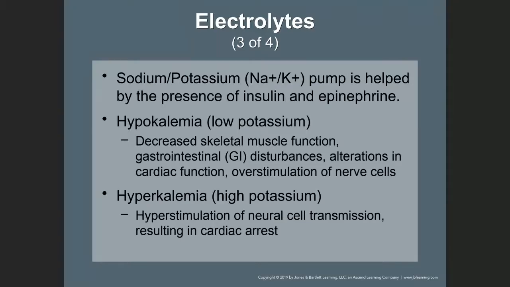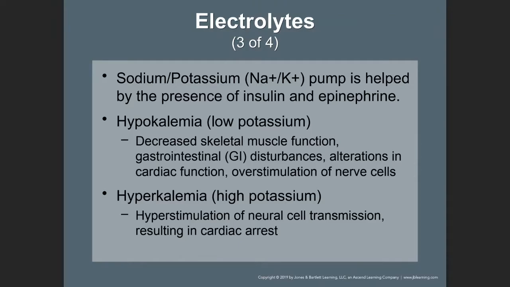Hypokalemia is low potassium, and when there are low potassium levels in the blood, it will cause a decrease in skeletal muscle function. It will cause issues in the GI system, and it alters the cardiac function, and it will cause overstimulation of nerve cells.